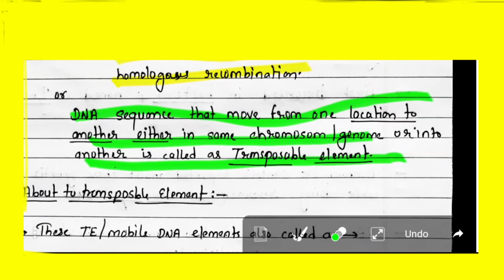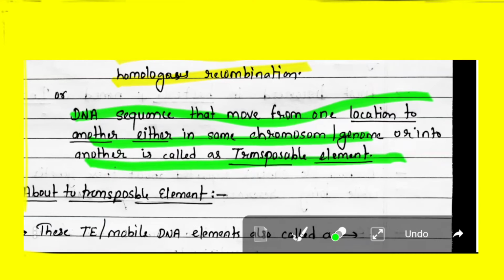Sometimes people say locus also. It is the meaning of transposable element.